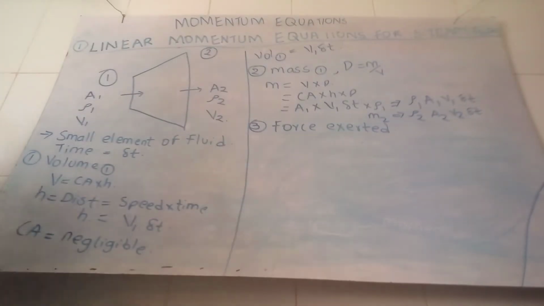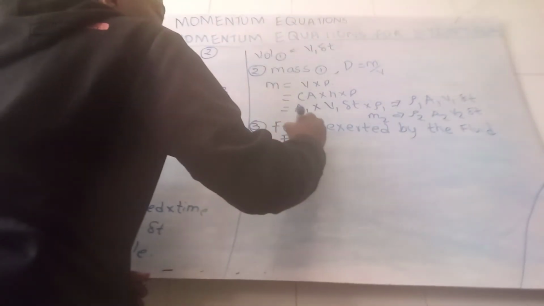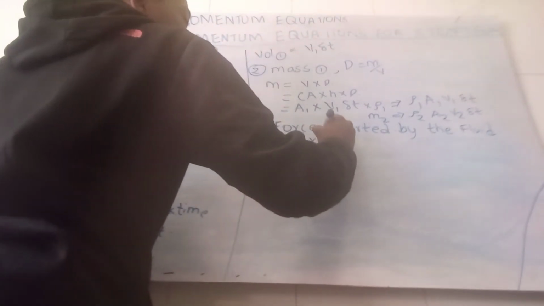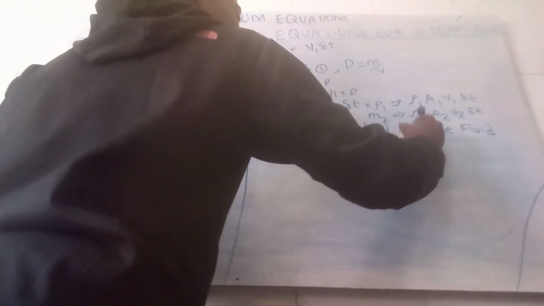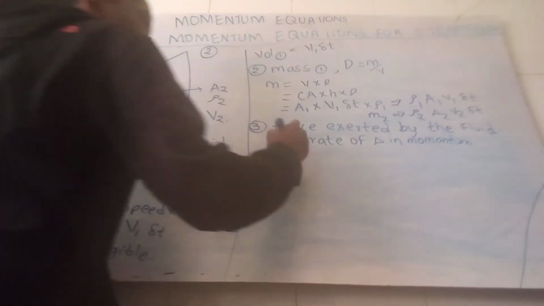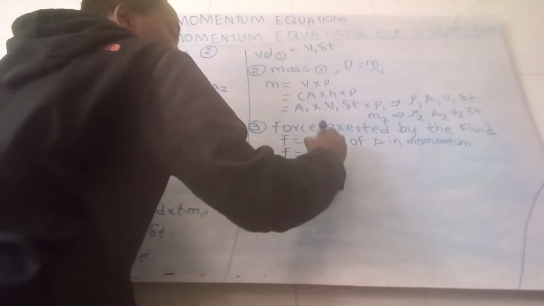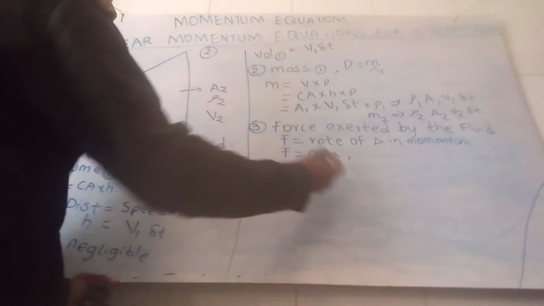From Newton's second law, we know that force is equal to the rate of change in momentum. Force is given by mass multiplied by acceleration.